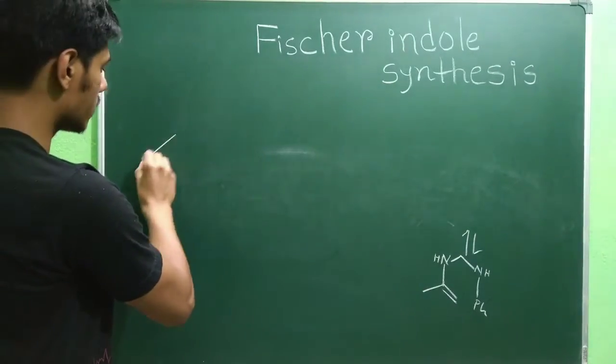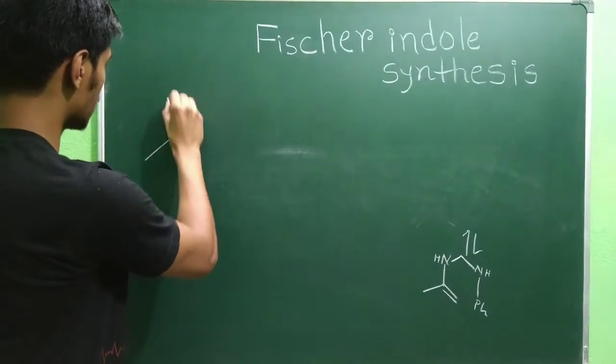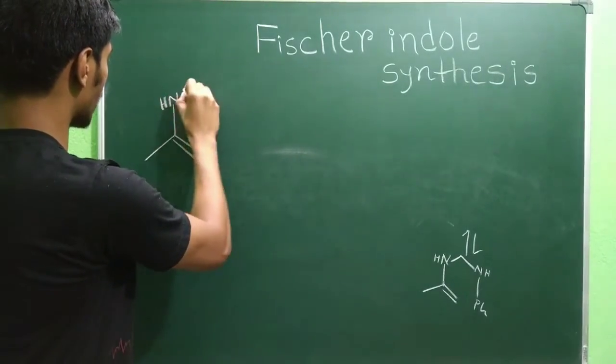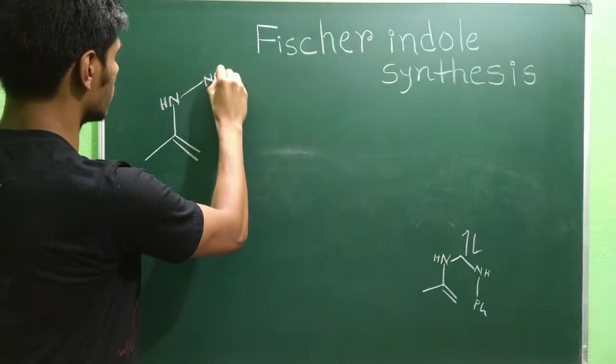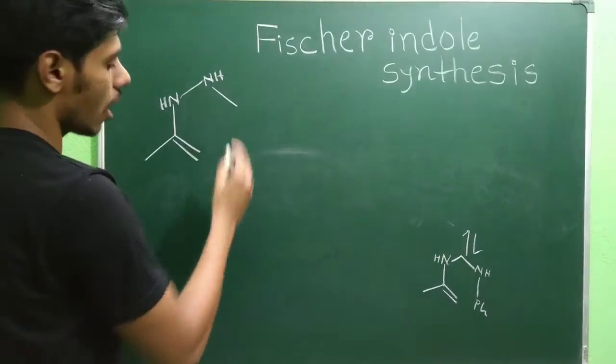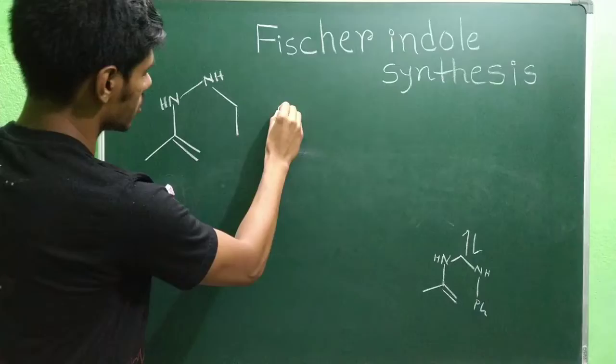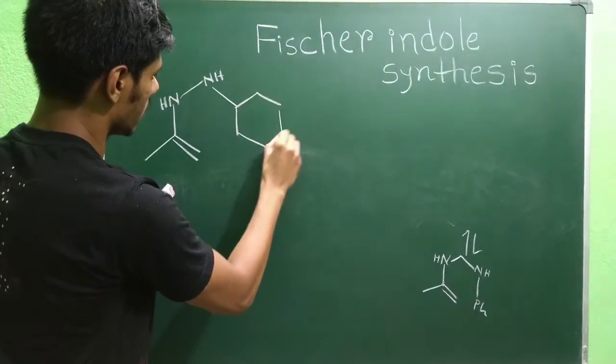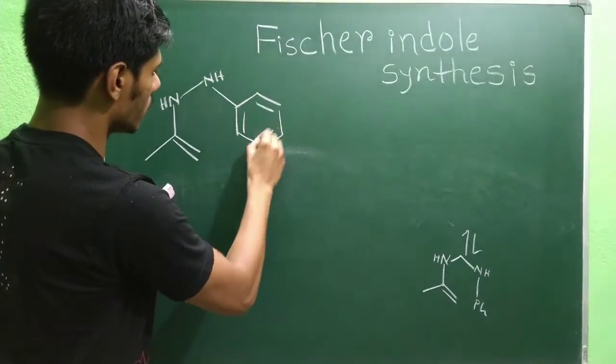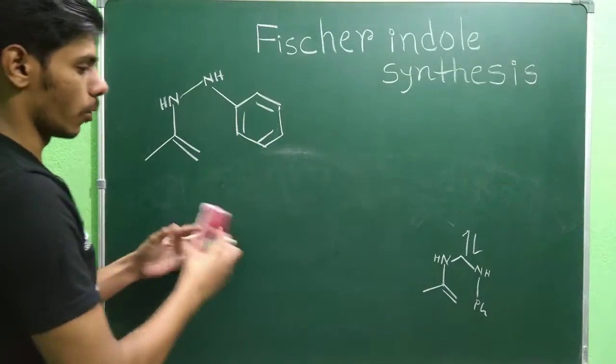Now if we open up this structure, you can see here you have one hydrogen, here you have another nitrogen, and now we will open up the structure of this phenyl ring. So if you open up, you can see there you have a double bond.